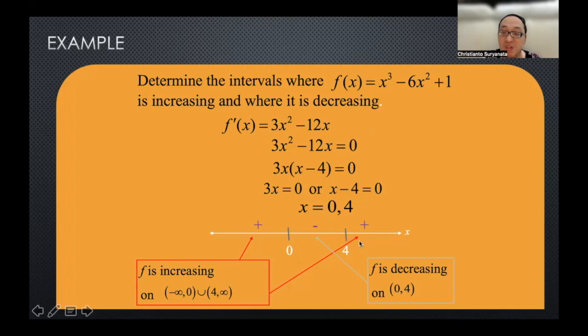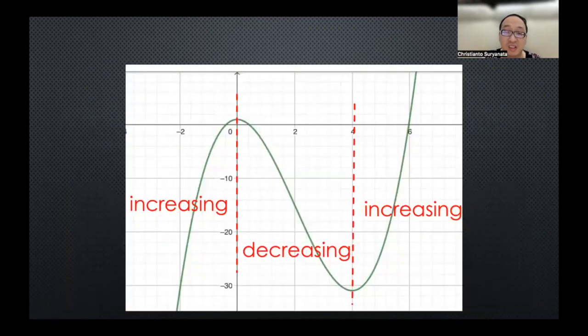So 0 and 4 are the stationary points. You can see 0 and 4 are the stationary points, and the values before and after the stationary point will be an increasing and decreasing function.